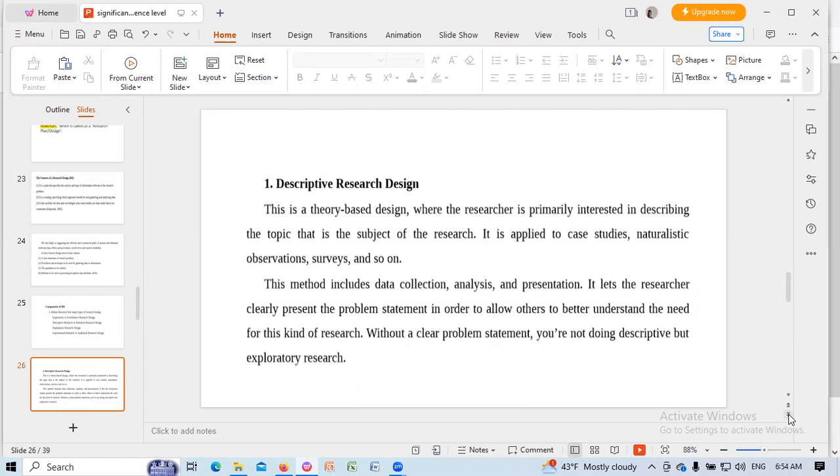It lets the researcher clearly present the problem statement in order to allow others to better understand the need for this kind of research. Without a clear problem statement, you are not doing descriptive but exploratory research.